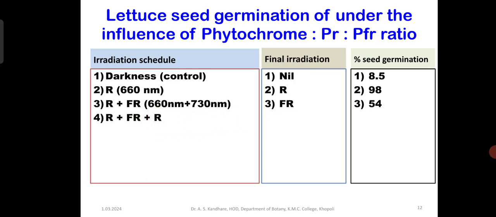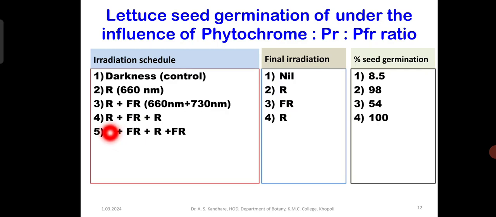Now this final irradiation is red, isn't it? So final irradiation red. So now here you can see 100% seed germination. So you can see in this case how red and far red irradiations are affecting the seed germination of lettuce.